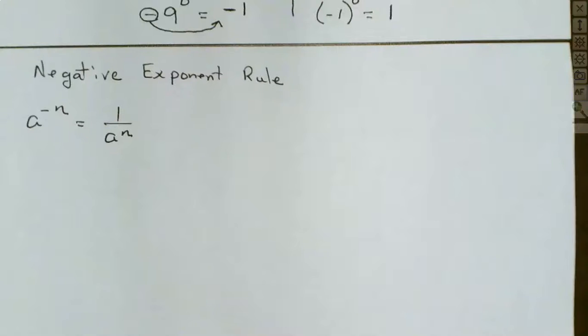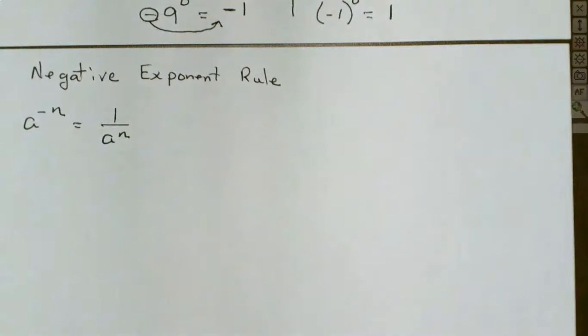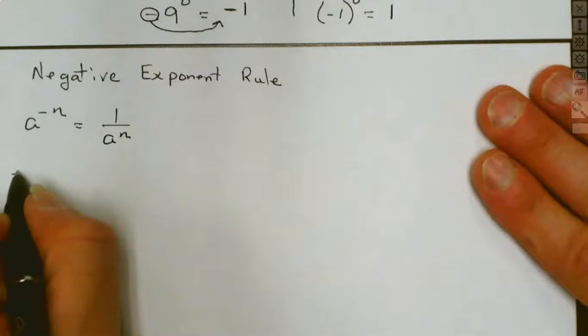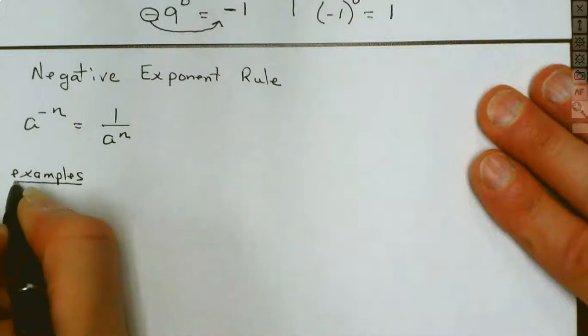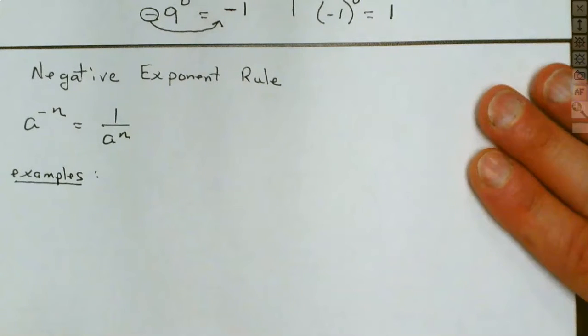When we go to actually work out questions, a lot of times in the directions, it will tell you at the end, write your answer with only positive exponents. So we need to make sure that we know how the negative exponents work. So we're going to look at some examples of negative exponents.